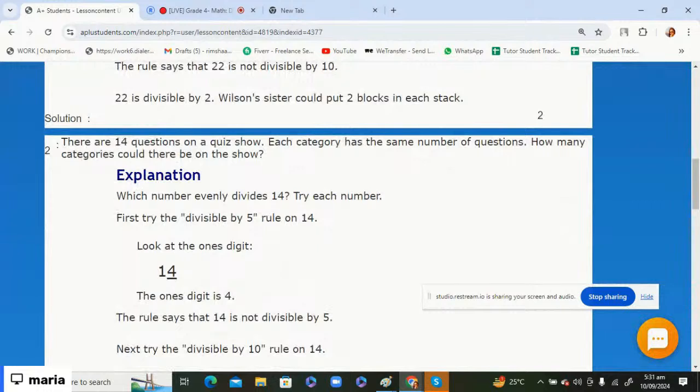There are 14 questions on a quiz show. Each category has the same number of questions. So how many categories could there be on the show? Which number evenly divides 14? Try each number. Okay, first of all, let's try with the 2.